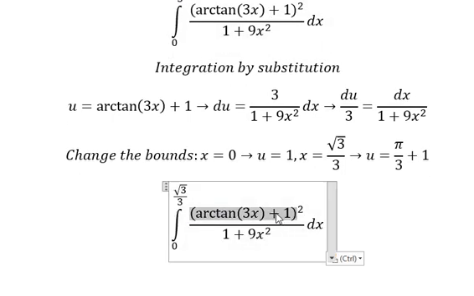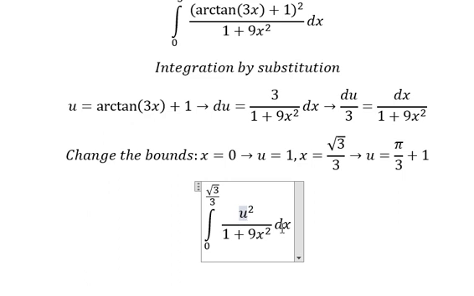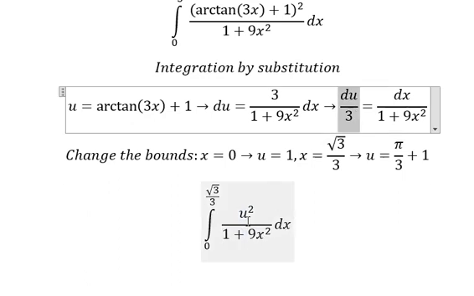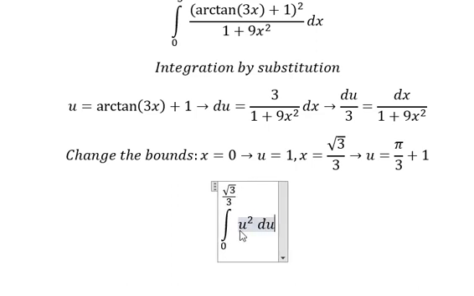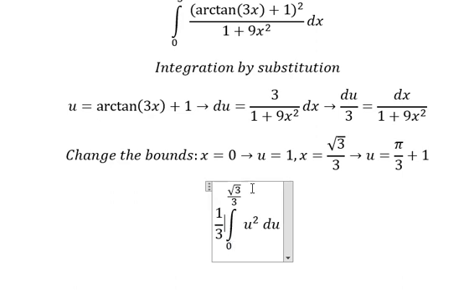So this one we change by u. dx over this one we change by du over 3. 0 we change by 1.